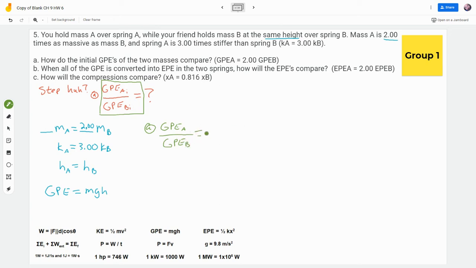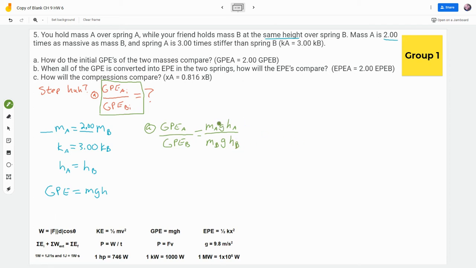Over GPE sub B. So this is equal to something over something. Make the top thing equal to the top thing: GPE sub A is going to be mass of A times G times H of A. GPE sub B, we'll make the bottom thing equal to the bottom thing: mass of B times G times H sub B.